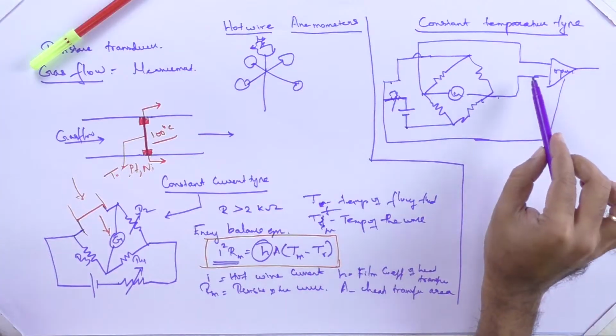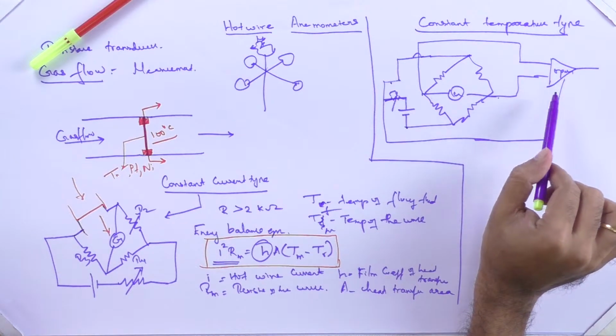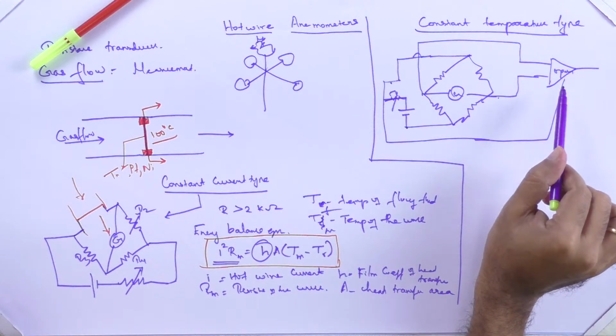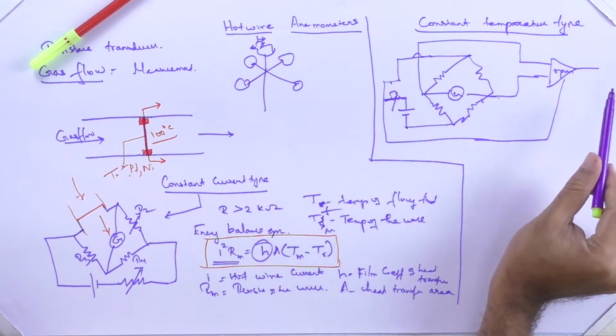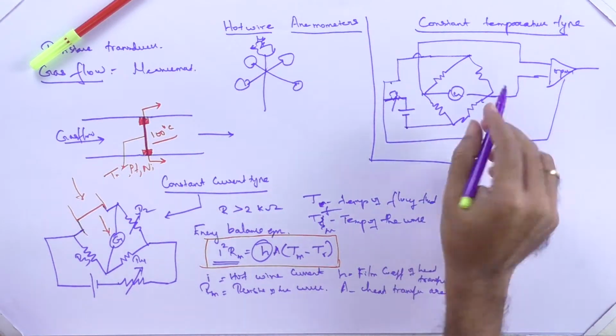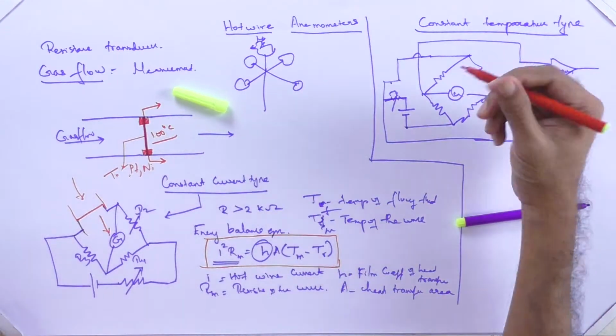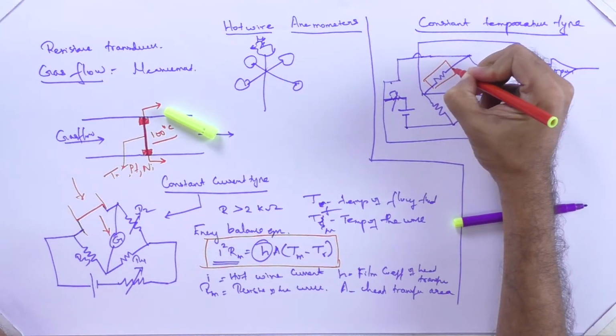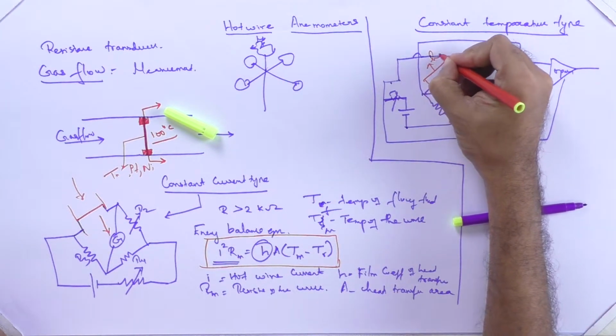Again, with the same mechanism of temperature coefficient of resistance, you are going to get a deflection in the galvanometer, and that will give you an output. That output goes to the op amp, and the op amp will amplify it, and you will get an output. Okay, so this is the basic principle over here, and this resistance can be taken for your hot wire.